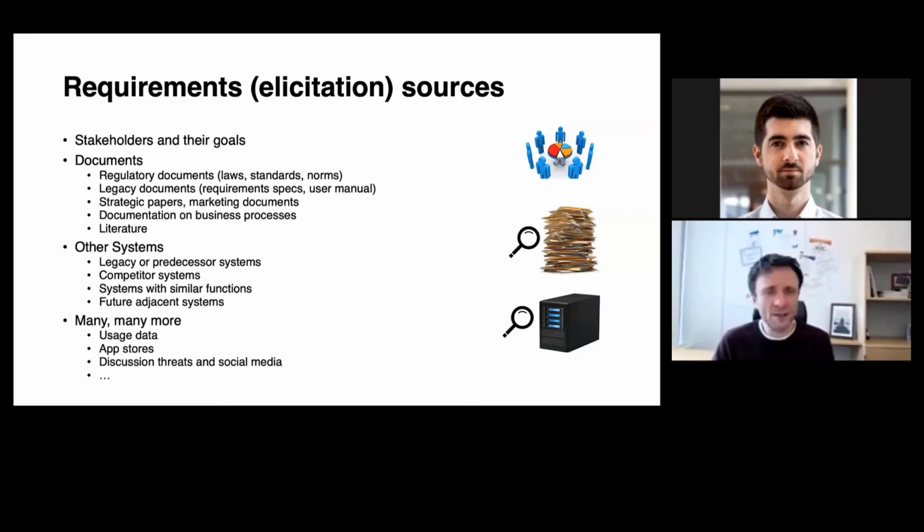Quite recently, we started also working with usage data analysis, where we analyze how other, related systems are used to focus and prioritize on those features that might be relevant from the end user perspective. App store mining, where we try to understand competitor systems, for example, but also the analysis of discussion threads and social media.